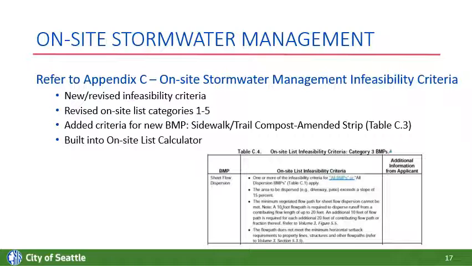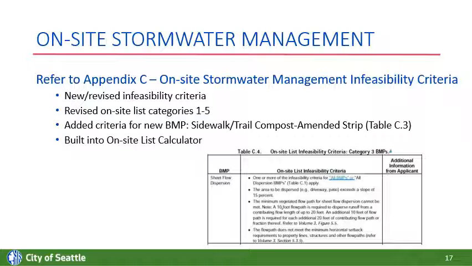There's a new BMP for sidewalk trail projects with a compost amended strip, so that's a brand new best management practice. And all of the revisions are being built into the new on-site list calculator, so you don't have to understand all the changes that were made.